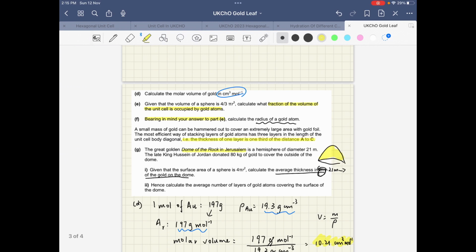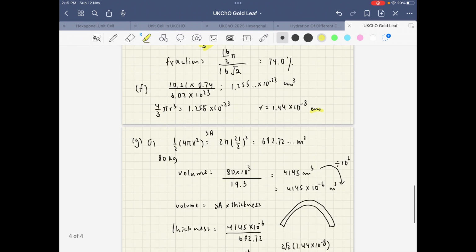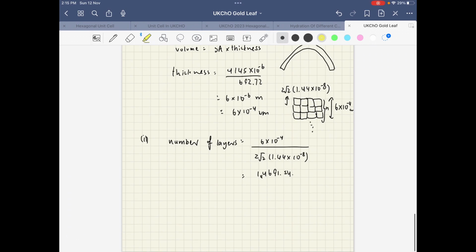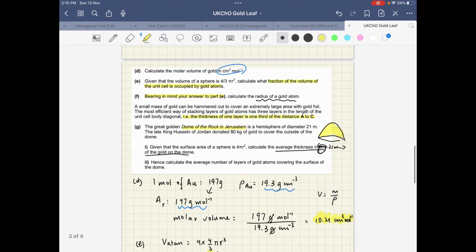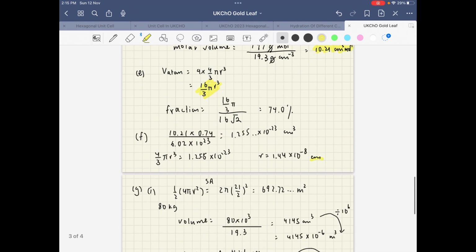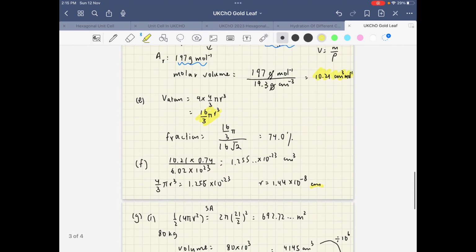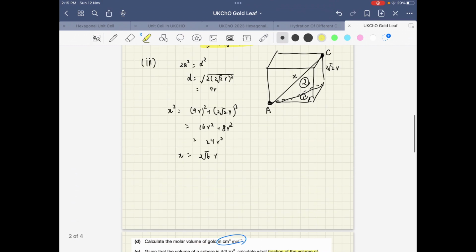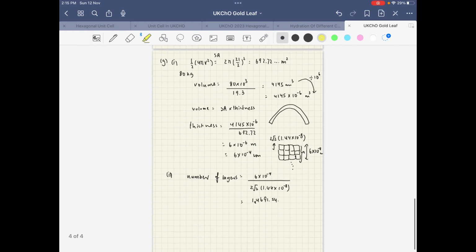It mentions here that the thickness of one layer is 1/3 of the distance A to C. So my representation of the layers of gold here is wrong, and the thickness of one layer should be 1/3 of the distance A to C, which I found to be 2 square root 6 times r.